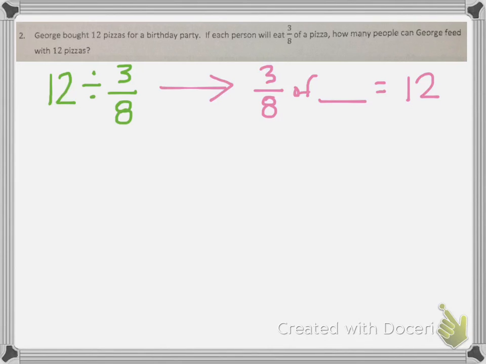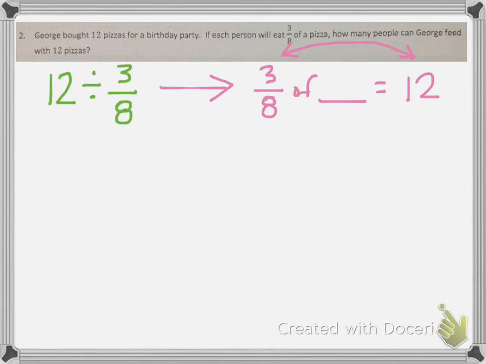So let's think of it that way. 3/8 of some number is 12, because if we found 12 divided by 3/8, we would get some number. So we can then turn it around and make it a multiplication problem: 3/8 times some number is 12. That means that 3/8 and 12 are equal. They're equivalent.